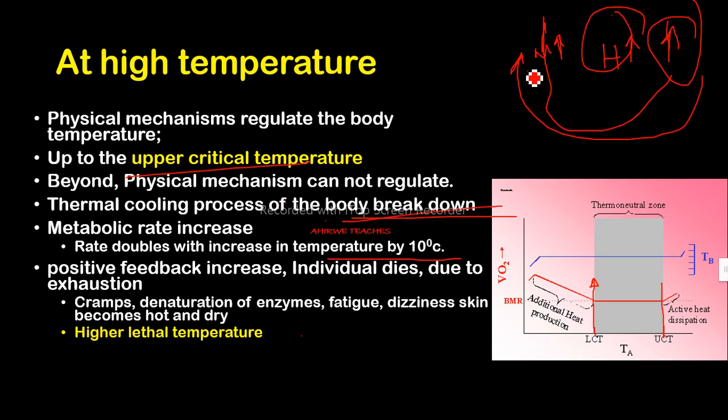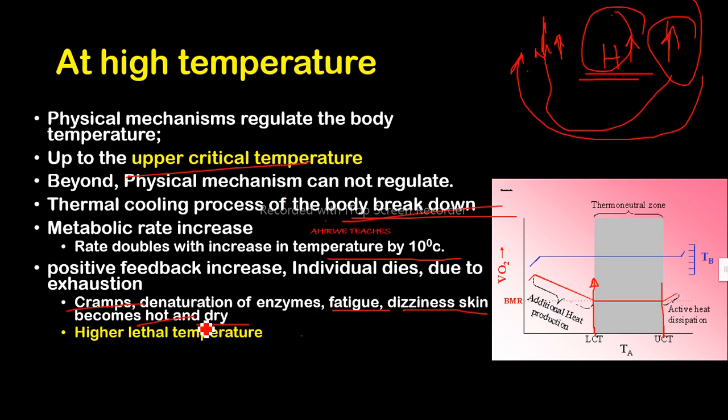Why is the individual dying? Due to exhaustion. Why? Because the enzymes that carry out the body's metabolic rate will be denatured. And if enzymes are denatured, then you suffer from fatigue, you suffer from dizziness, the skin becomes completely hot and dry, you suffer from cramps, you generally suffer body weakness, no energy.